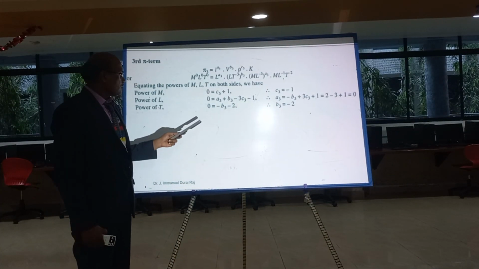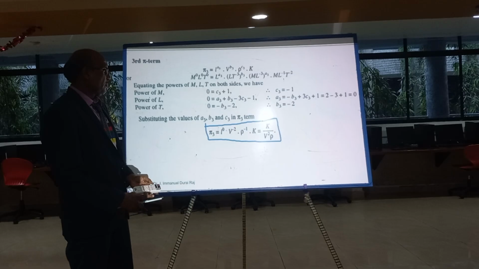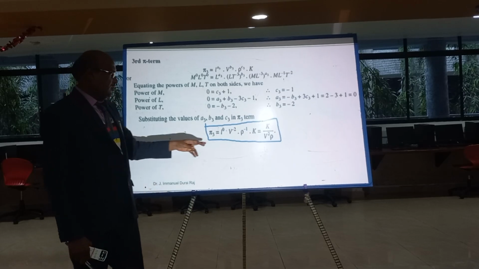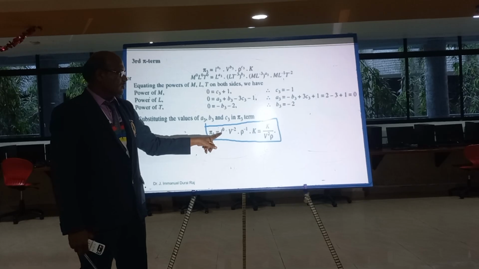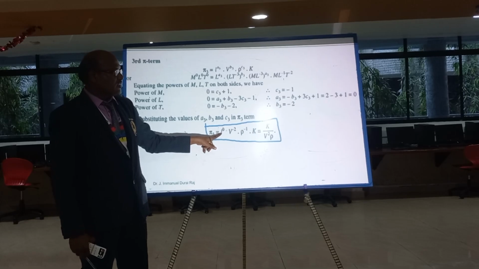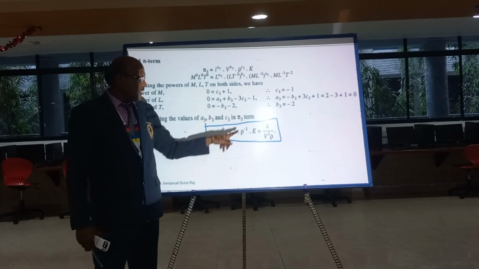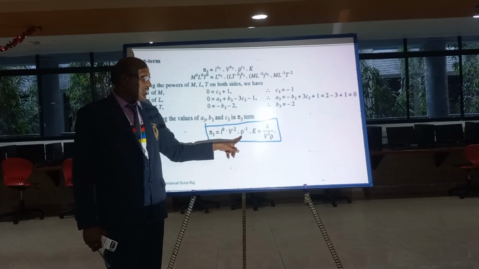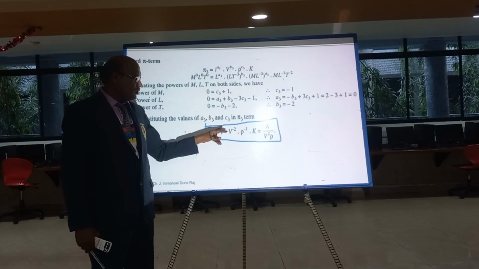Now we substitute the values once again here. L power A3 is L power 0, B3 is minus 2 and C3 is minus 1, into K. Now we can write the equation; the L will go away.